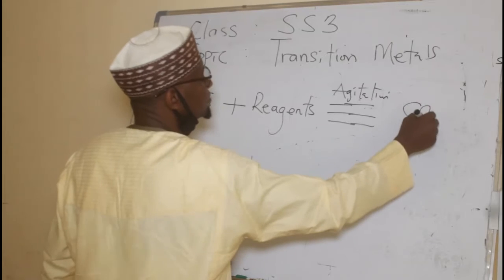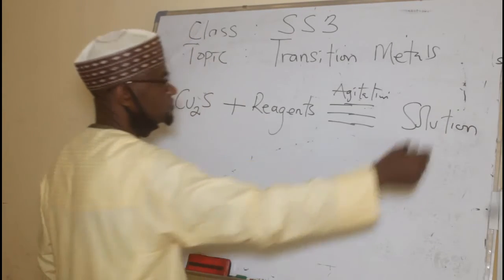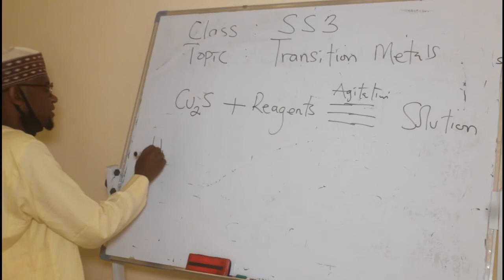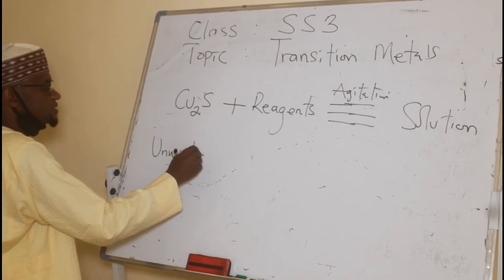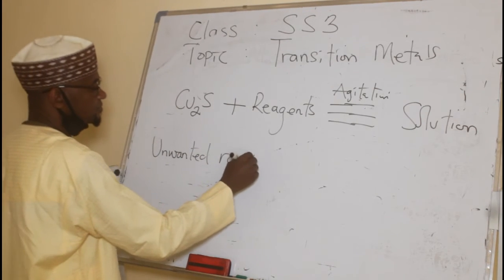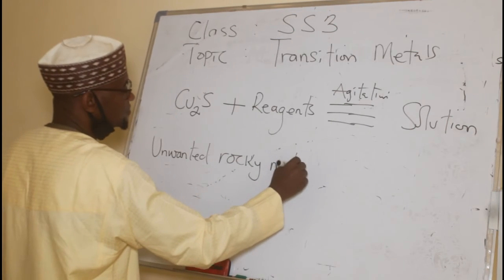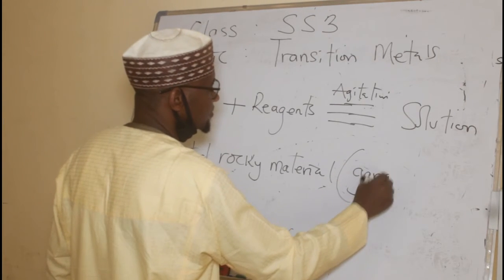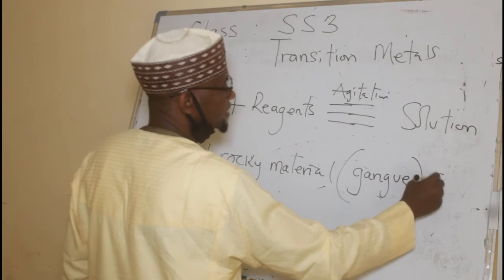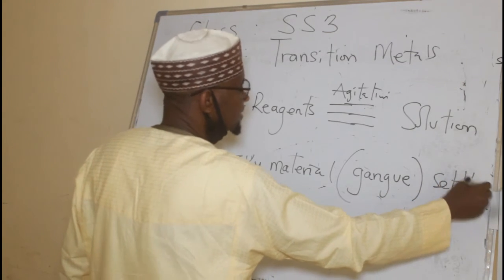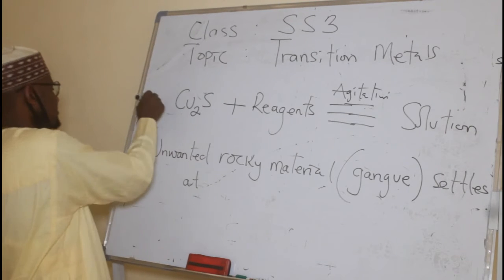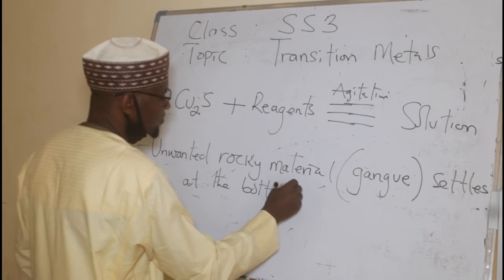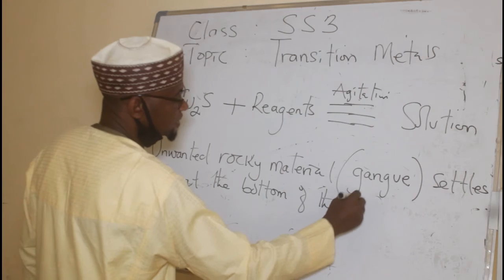It forms a solution. Then the unwanted rocky material, we call it gangue, settles at the bottom of the vessel.